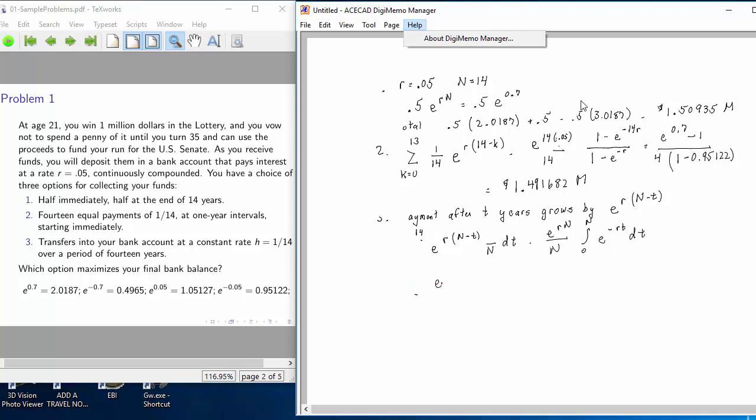Well, that's an easy integral. The antiderivative of this is e to the minus rt divided by minus r, evaluated between the limits 0 and n. So I get e to the rn over n times (1 minus e to the minus rn) over r.